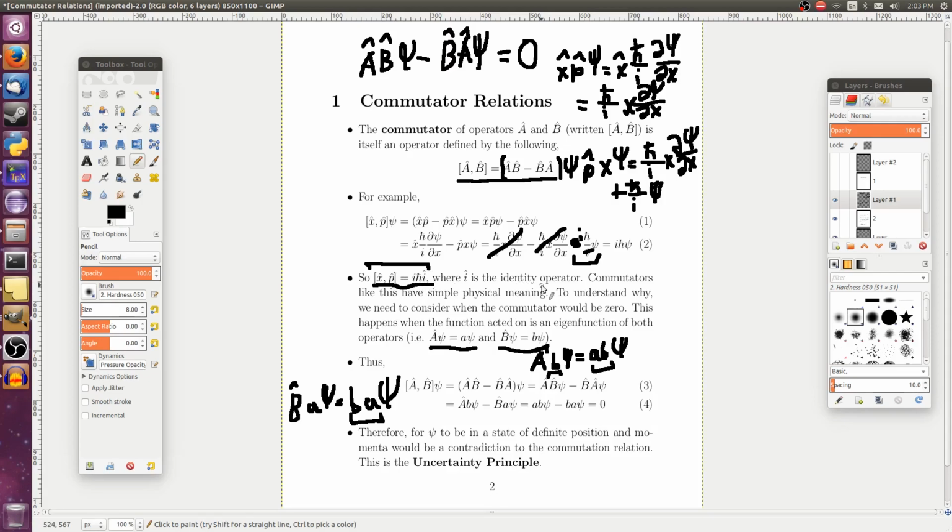So this commutation relation is very important, so I recommend that you memorize it. The commutator of x and p is i h bar, and it's what forms the basis of the uncertainty principle. So commutation relations are very important.